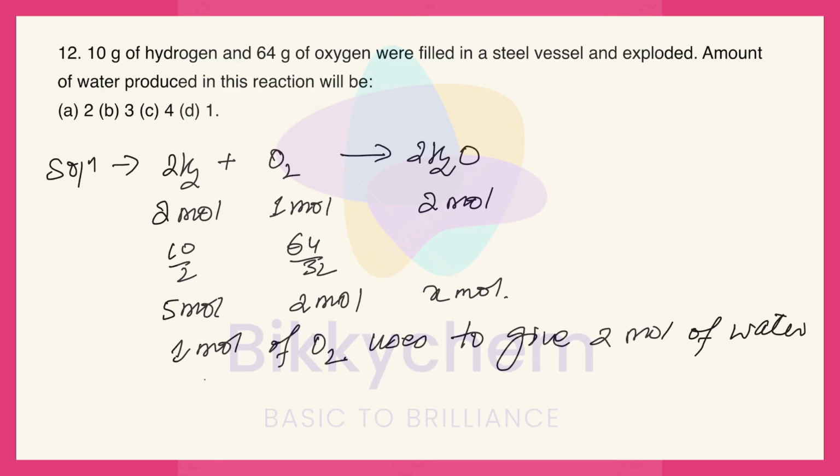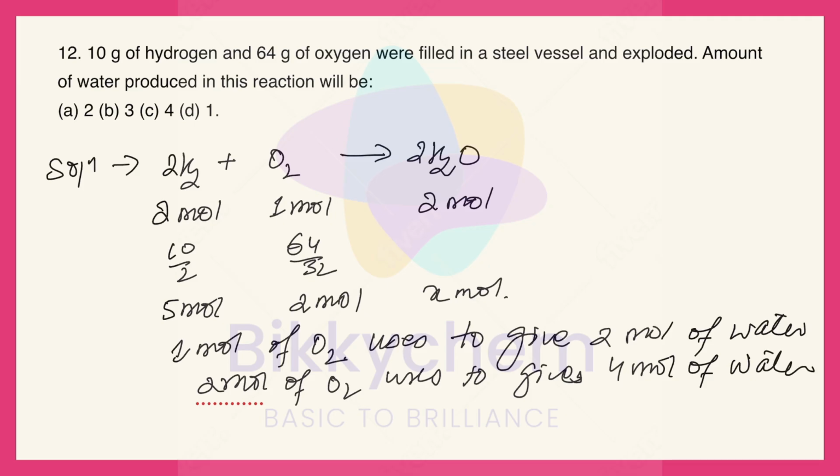That means 2 mole of oxygen gives 4 mole of water, because one mole of oxygen gives 2 mole, then 2 mole will obviously give double of that. So it will be 4 moles of water. So hence option will be C.